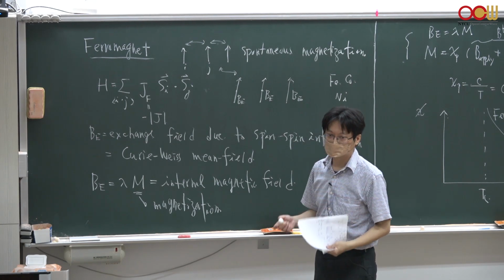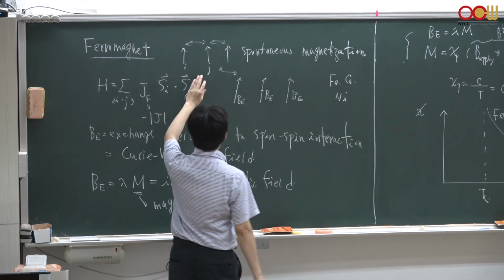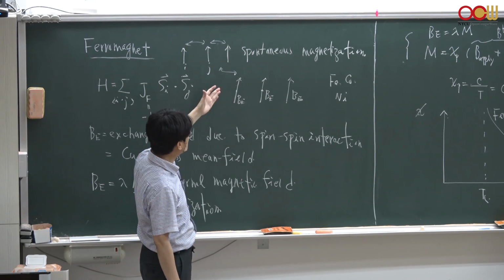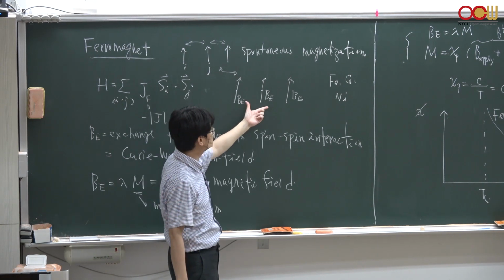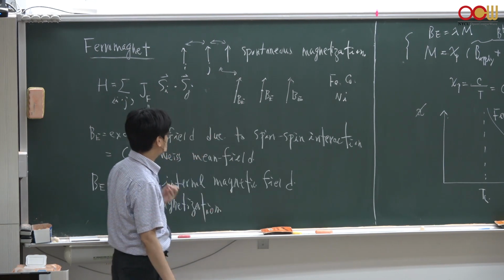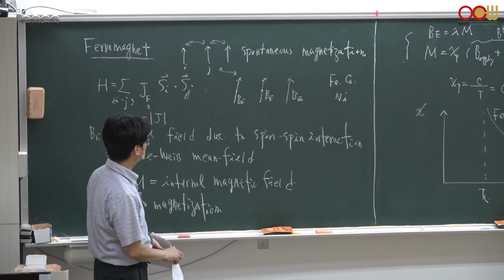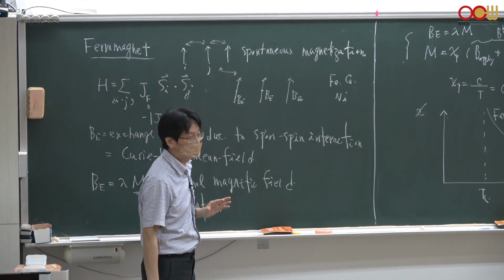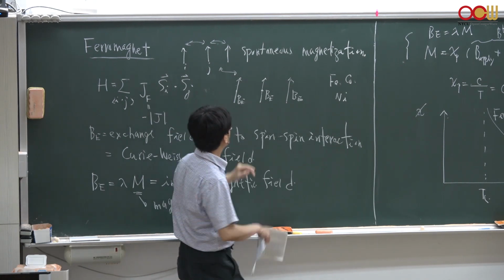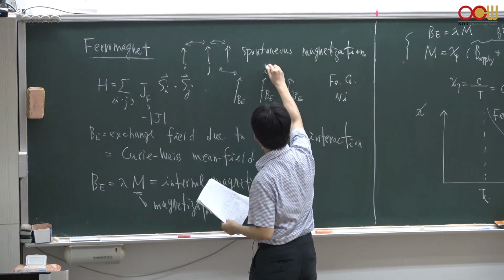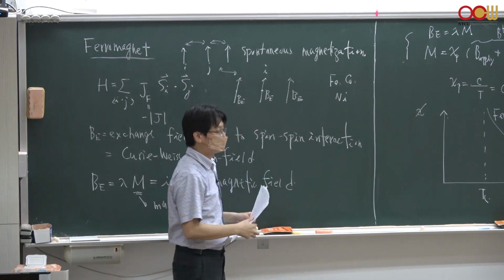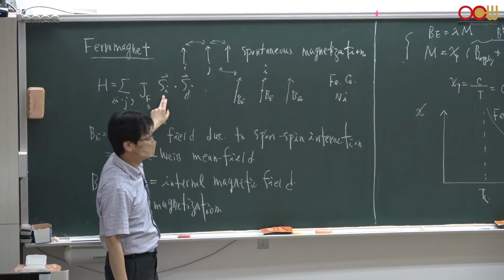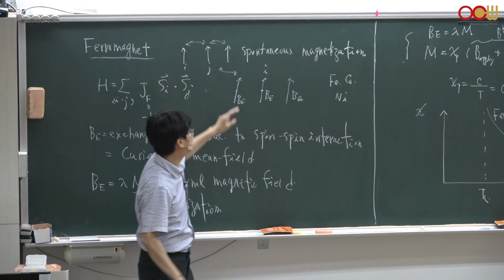But effectively, you can imagine that such spin coupling could be viewed in terms of a so-called effective magnetic field or exchange field due to the spin-spin interactions between, for example, neighboring spins. For example, if I consider a spin moment on site I, you know that Si couples to its neighbors, say I plus 1 or I minus 1.